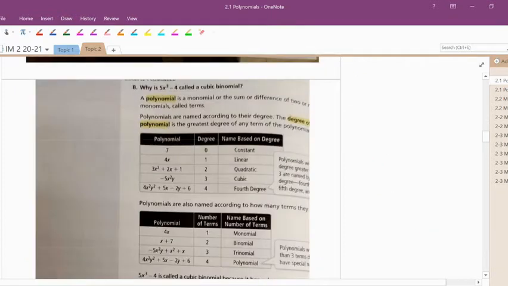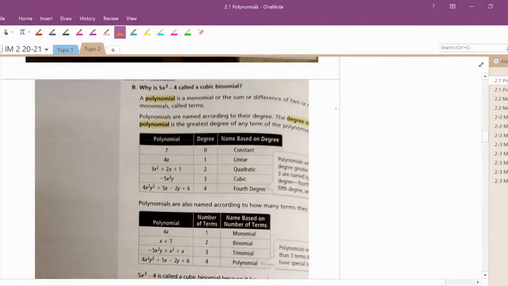Now, we're talking a little bit more about polynomials. A polynomial is a monomial or the sum or difference of 2 or more monomials called terms. So again, poly means many, nomial means term.